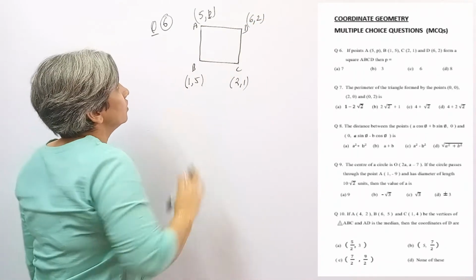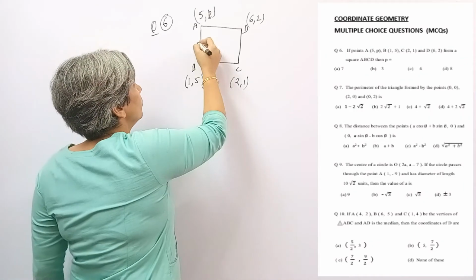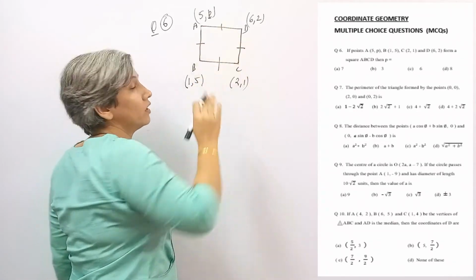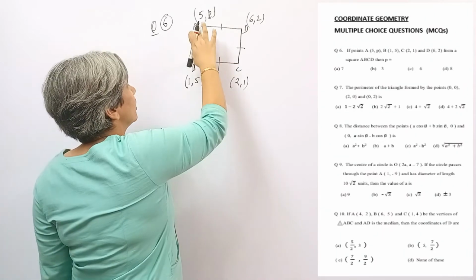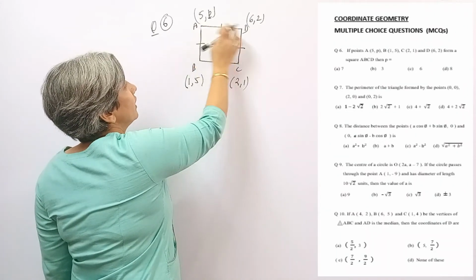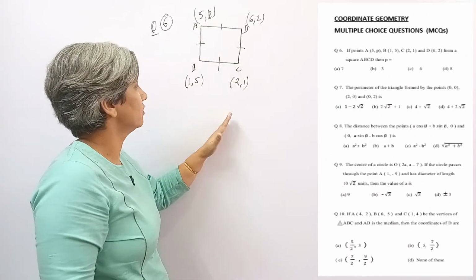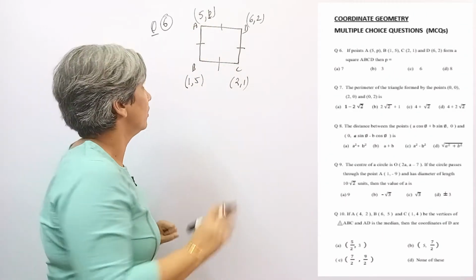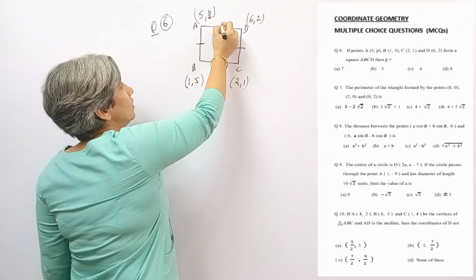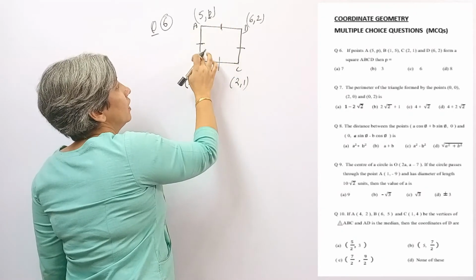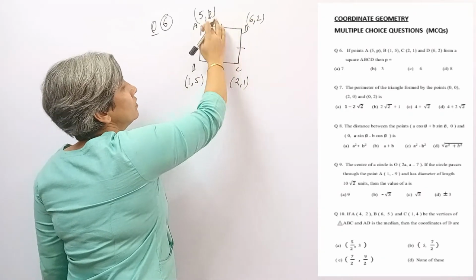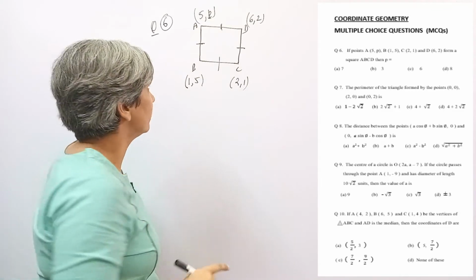Okay, so now it is a square, so we know all sides of a square are equal, so we can equate AB and AD, because A will be common and we'll have P on both the sides, and we'll find the value of P. That is one way. We'll be using distance formula for AB and equate it to AD. There's another way.